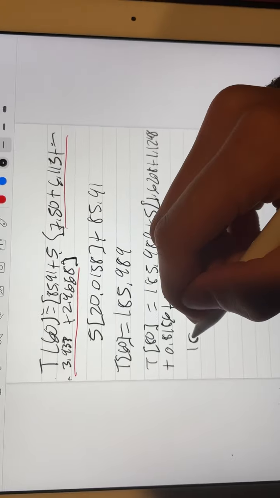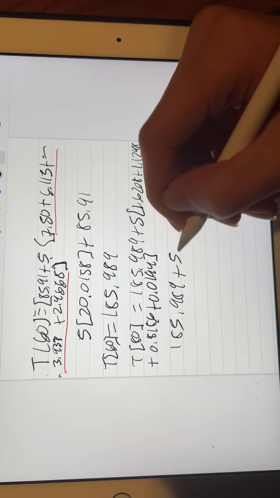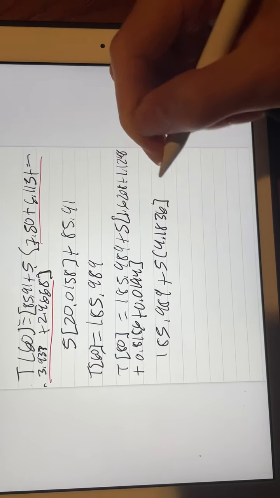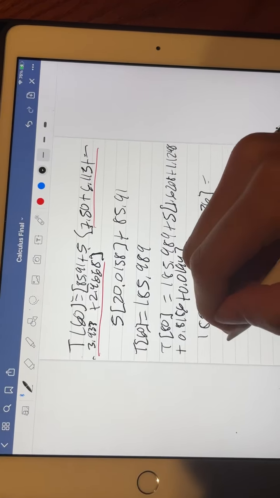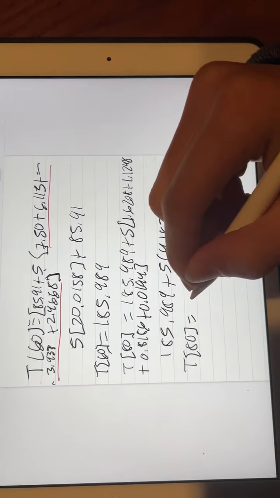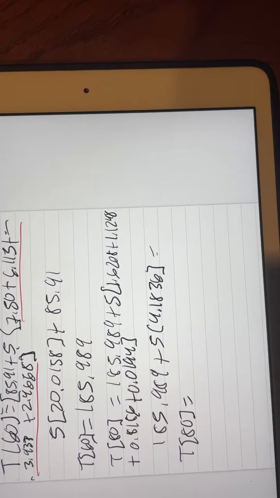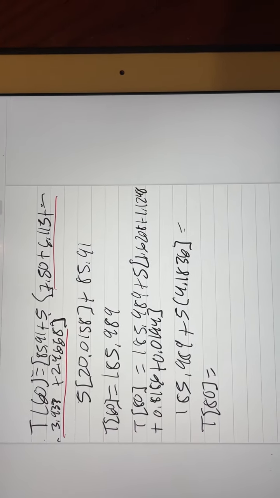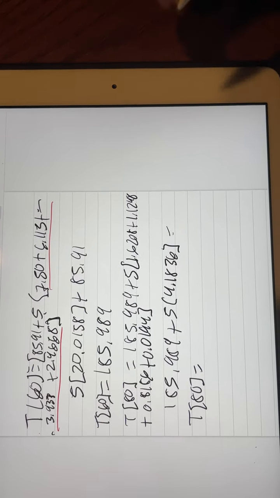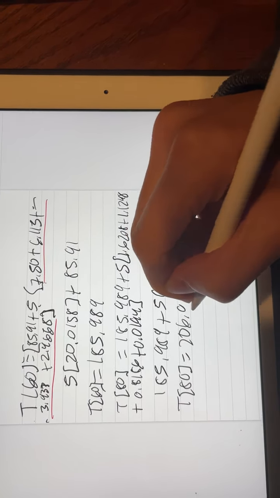So that'll be 185.989 plus 5 times 4.1836, which is then equal to, so T of 80, you plug it in a calculator, so let me just do that real quick. You would get 206.907.